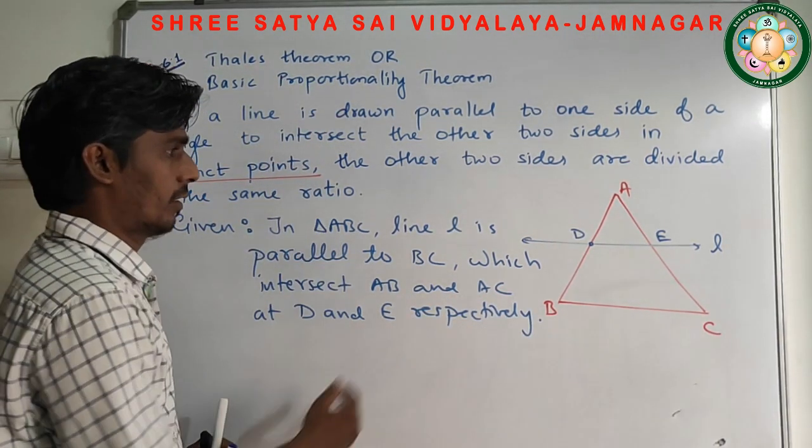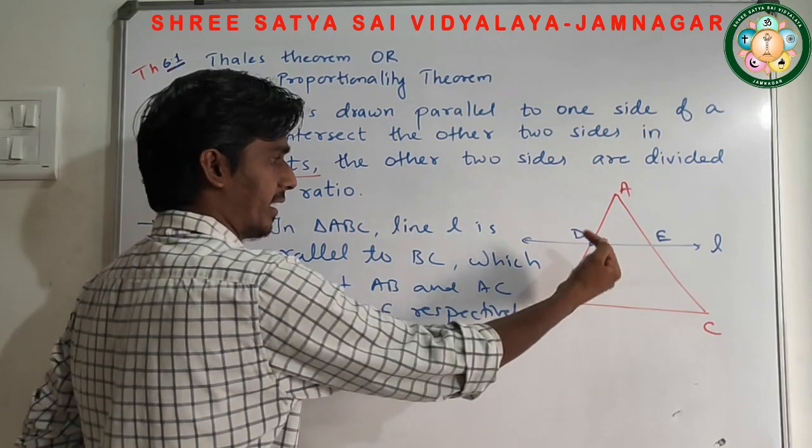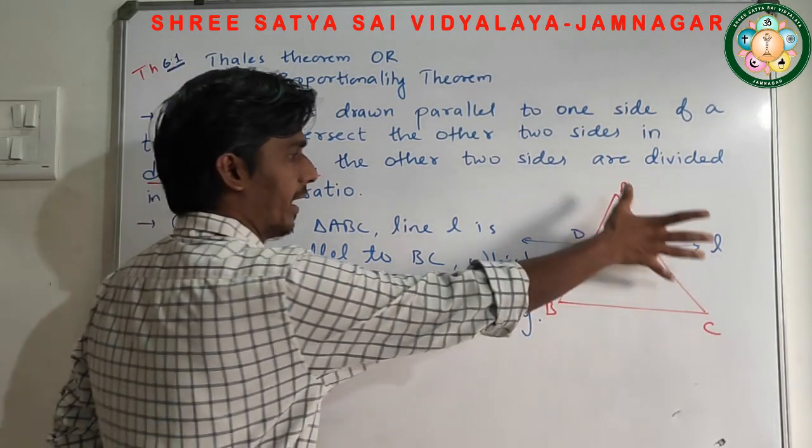This is what is given. Line L is parallel to BC, intersecting at points D and E on AB and AC.